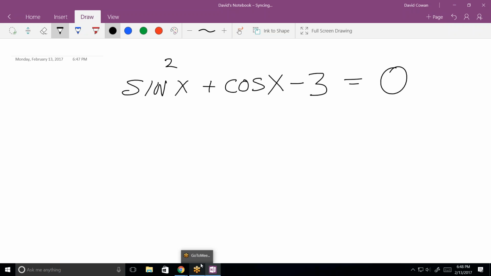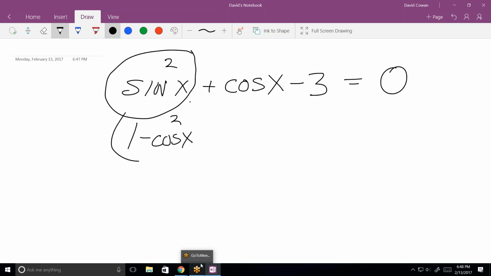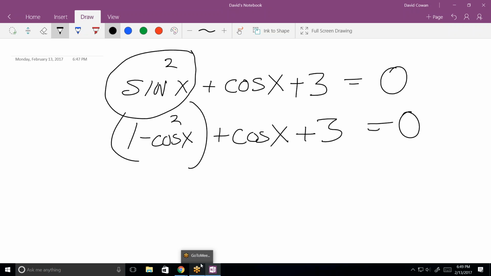So I'm going to solve it by turning that into 1 minus cosine squared plus cosine x. Let's make that a plus 3. Plus 3 equals 0. Now, if I turn this into a quadratic, this is what I call a quadratic in disguise. I wanted to leave that at plus 1.